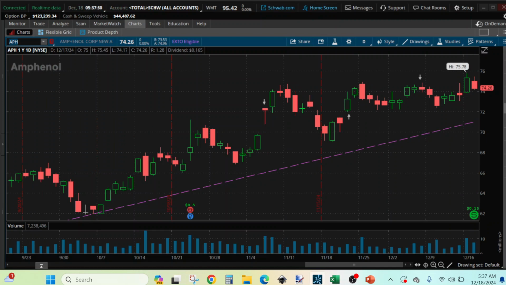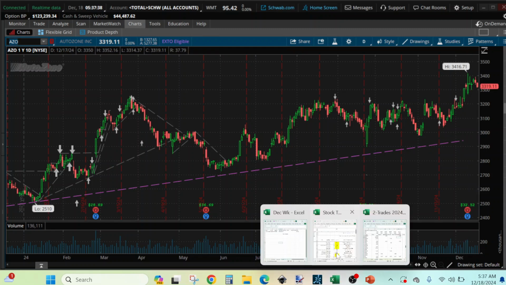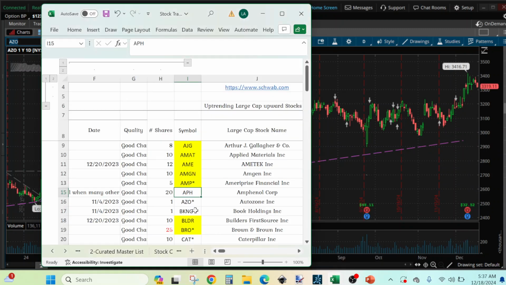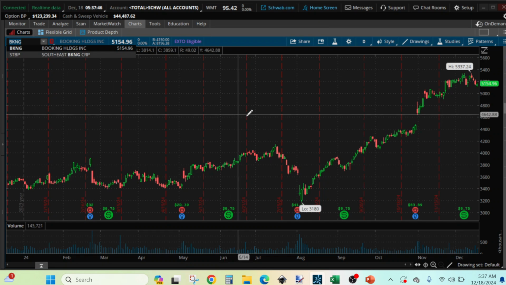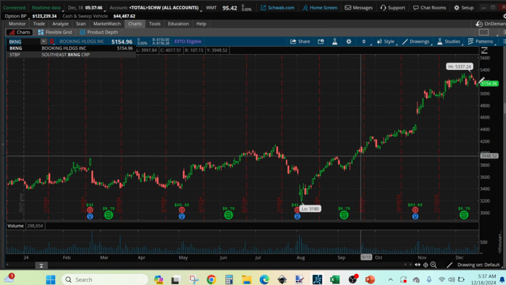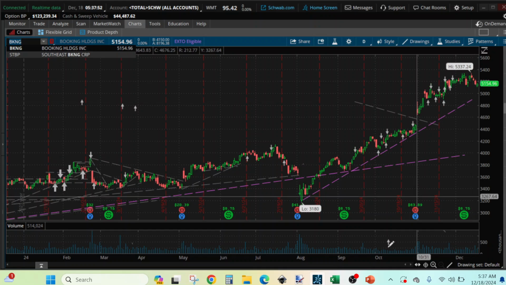AZO. So AZO, we like to buy it on this line, but it's right there. BKNG. So BKNG is right there, and we like to buy it on this line.